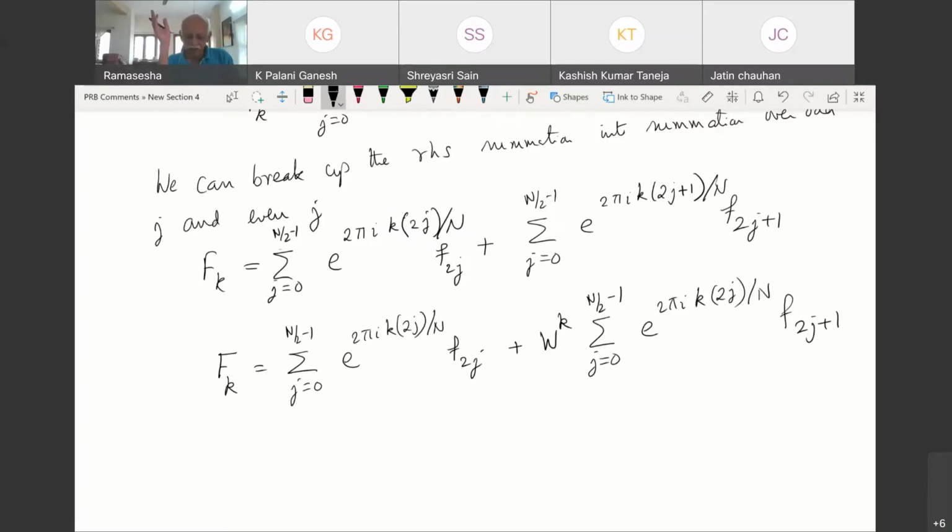Okay, so two Fourier transforms. You have broken up the first Fourier transform, or the entire set of data n, into two separate sums. One involving Fourier transforms of only the even data points, and the other involving Fourier transforms of only odd data points. So this is the Fourier transform of odd data points, and this is the Fourier transform of even data.